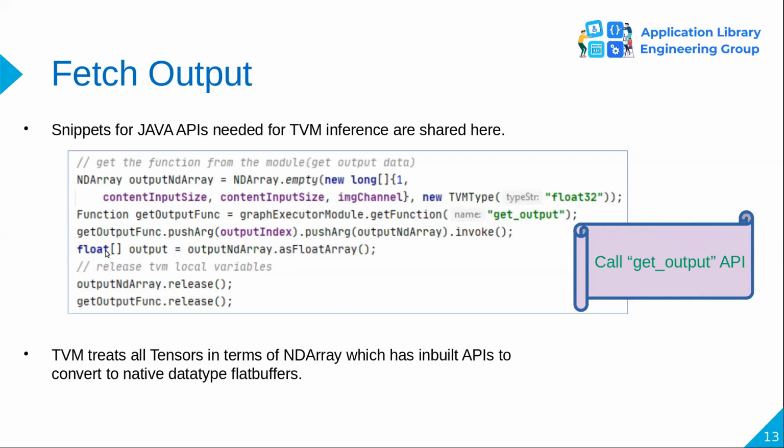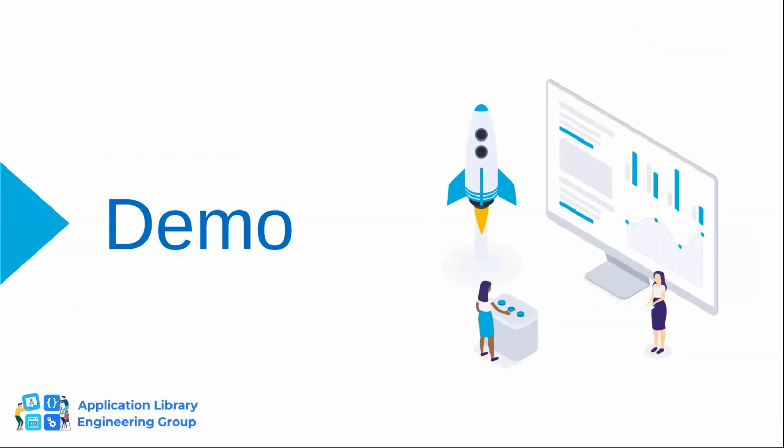Here it is converted to a float array, as you can see. In this example, it needed to be converted to float, so we are doing that here. This NDArray to native data type conversion we can do through the inbuilt APIs. So these are all the APIs that we need to know for a complete end-to-end inference using TVM.